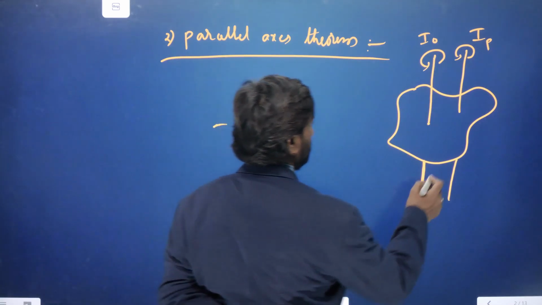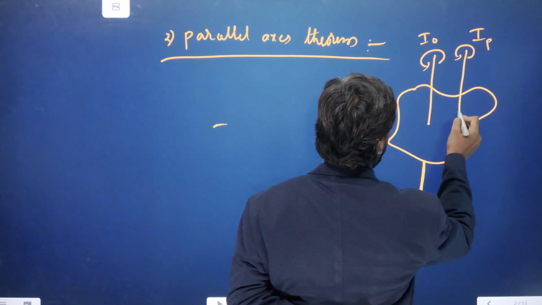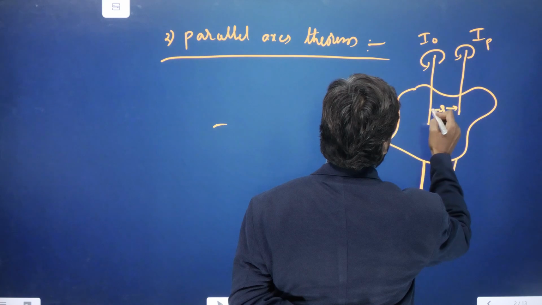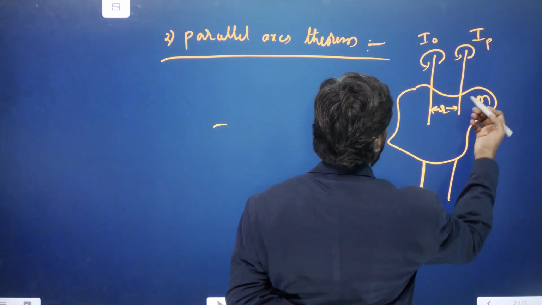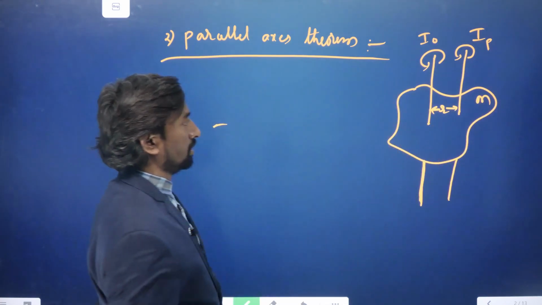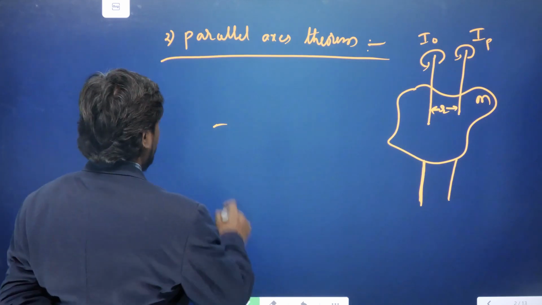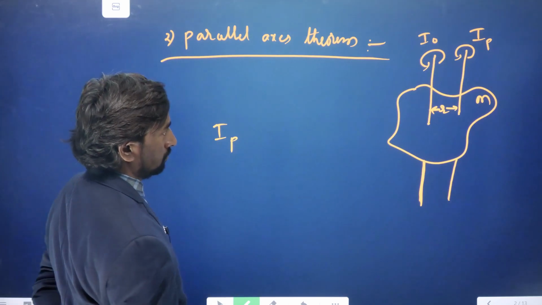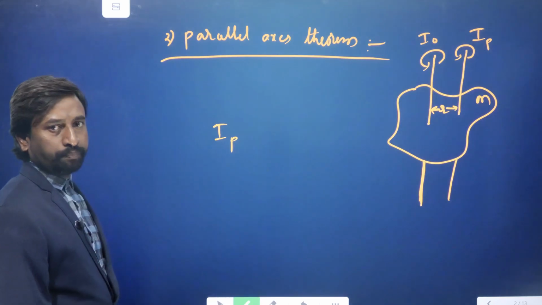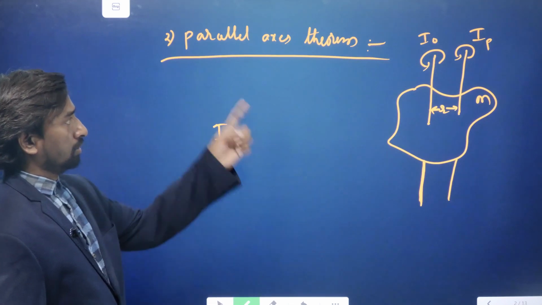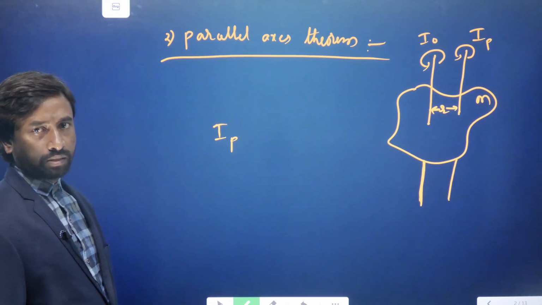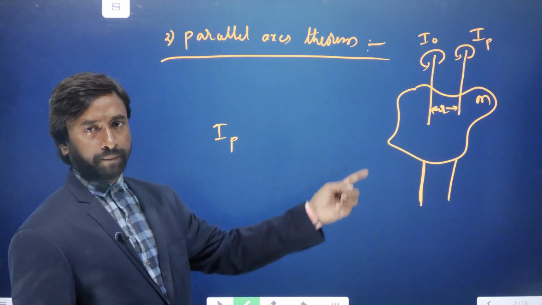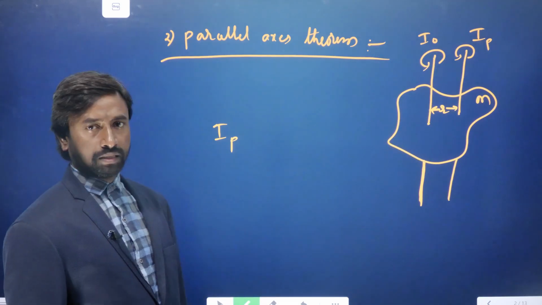Suppose we consider the perpendicular distance from the axis of rotation, from here to here, to be r, and the mass of this body can be written as capital M. Then the moment of inertia about any axis parallel to the axis passing through the center of mass is the moment of inertia about that axis plus the product of the mass of the body and the square of the perpendicular distance.